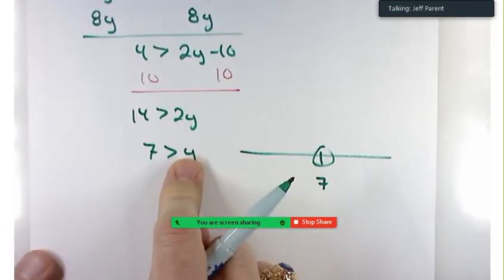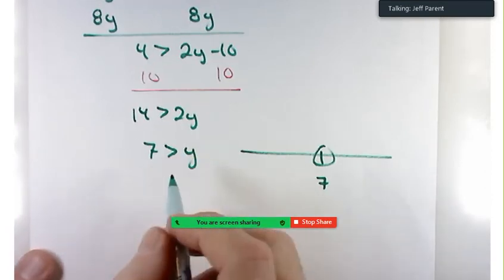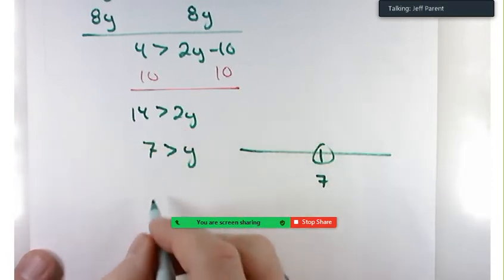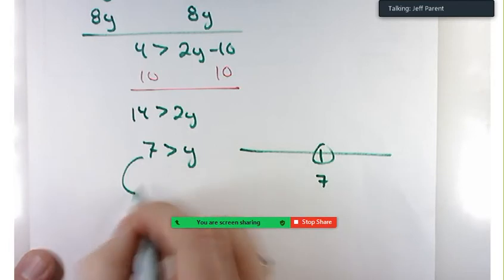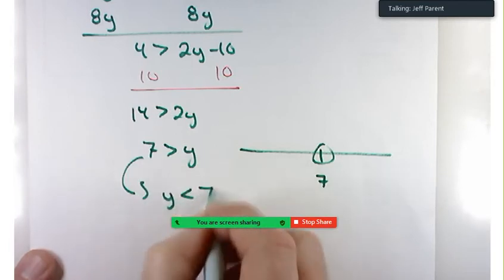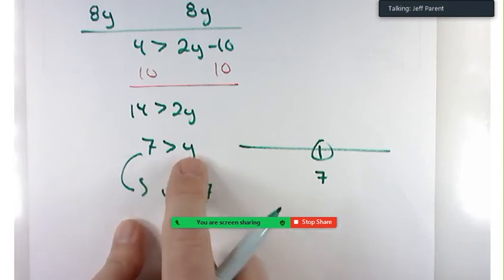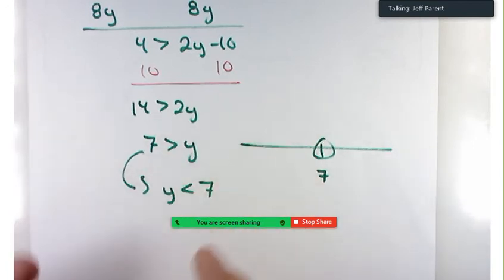But here's a little trick that's kind of convenient. If I take this and I just flip it all the way around, this is equivalent to y is less than 7. Notice that the inequality is pointing in the same way. The smaller end is at the y, the larger end is at the 7. So these are equivalent.